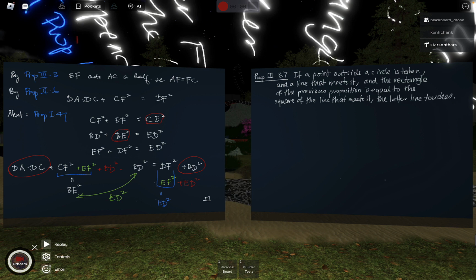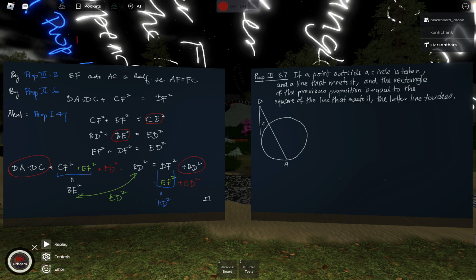All right, so just to draw the diagram. We have a situation, here's the point outside, and we have two straight lines, so DCA. And then we have another line DB, which we don't know touches.